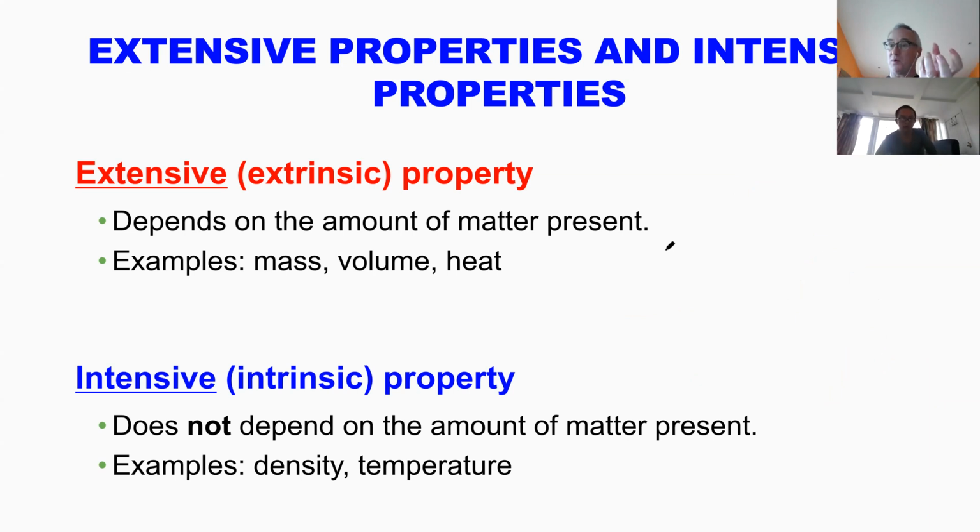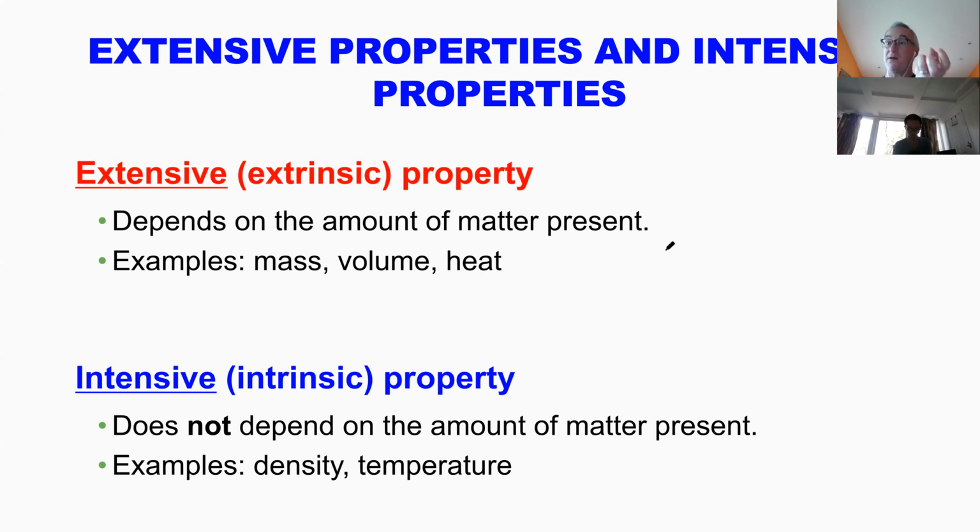And the temperature as well, because we'll learn that temperature is based on the average kinetic energy of molecules. So if I have a cup of water and a gallon of water, and the molecules in each are moving at the same speed, they're going to have the same temperature. So it's only dependent on the speed of the molecules and not the number. So the temperature is independent of the amount.